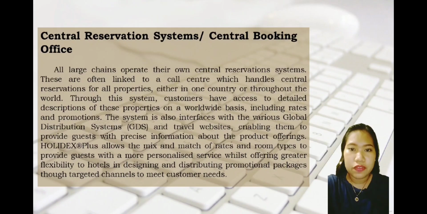These reservations are managed across a multitude of distribution channels such as third-party booking websites, direct internet booking engines, the Global Distribution System or GDS, wholesalers, and more.